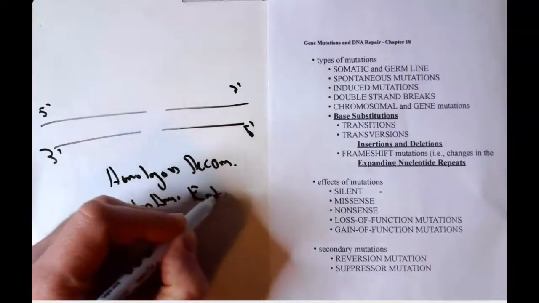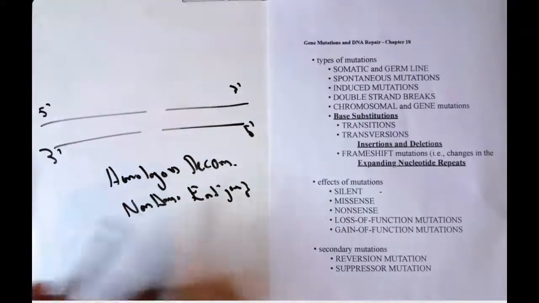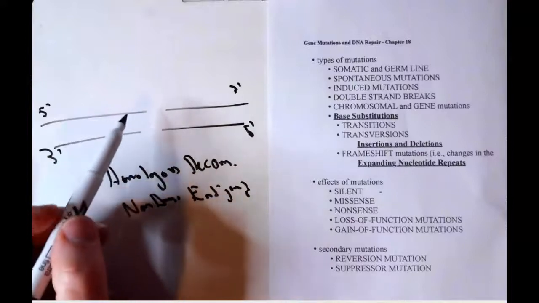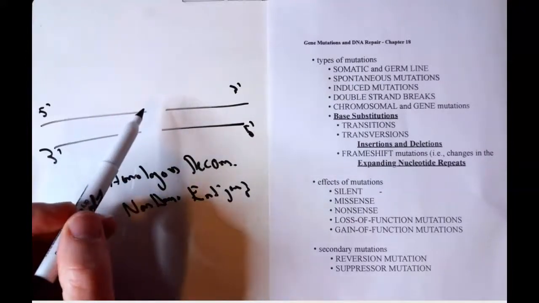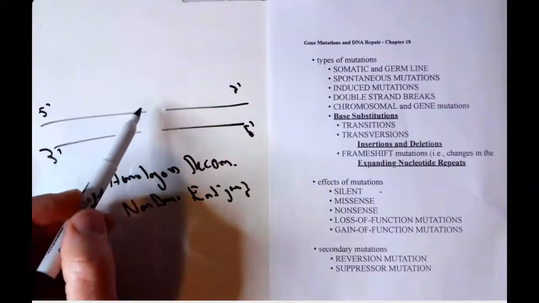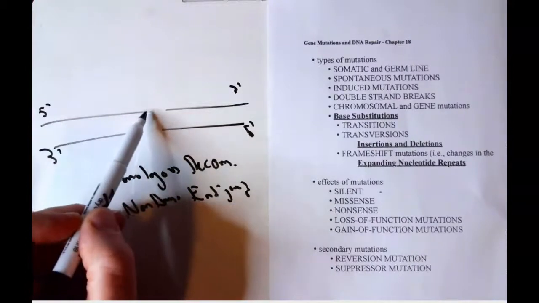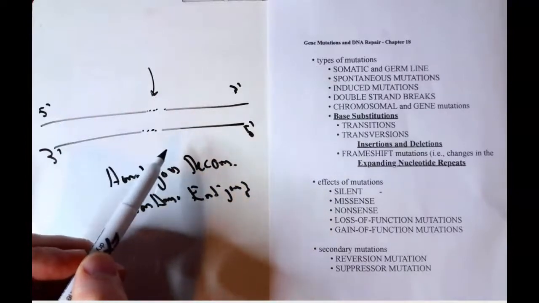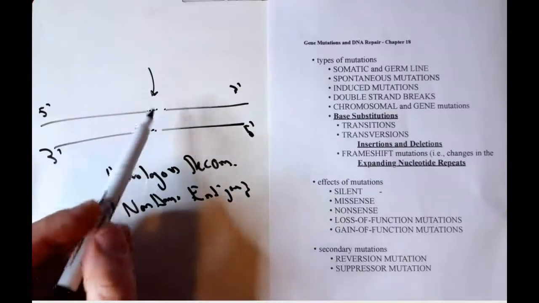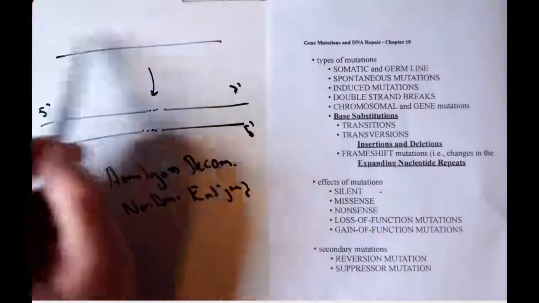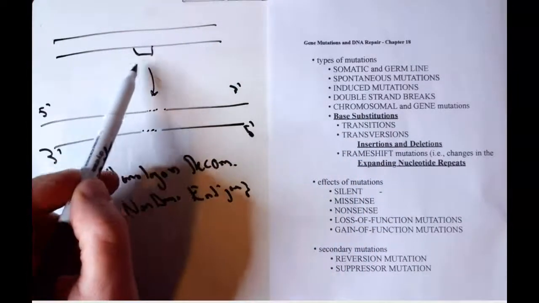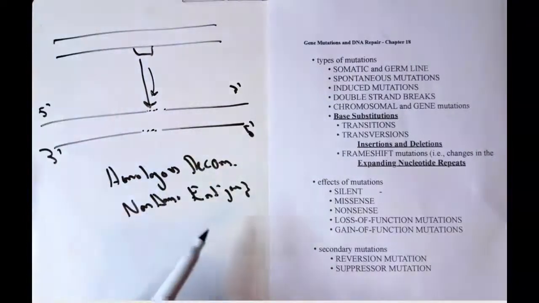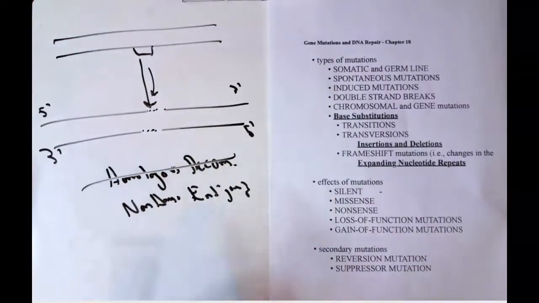Homologous recombination is a very, very complex action that we go over in detail in Bio 320. But for this class, all we have to know is that we fill in the missing information of the break by stealing the corresponding information from the homologous chromosome. So we use the homologous chromosome from the other parent as a guide for what we can put in here. And that's all you need to know about homologous recombination for our class.